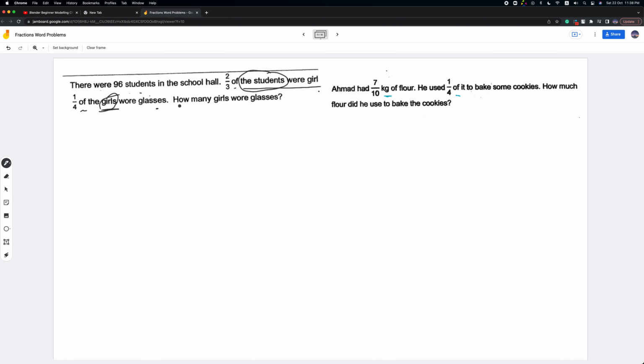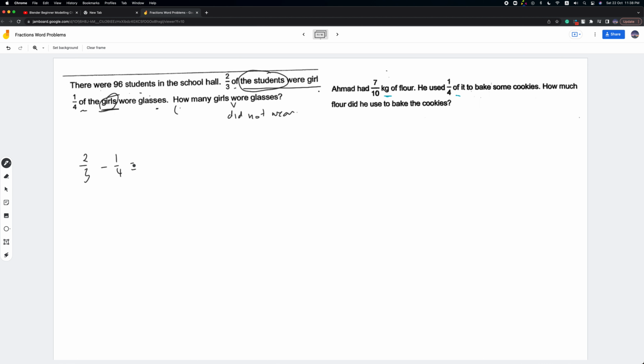They did not ask how many girls did not wear glasses. So for example, if the question asks how many girls did not wear glasses, a lot of students will straight away do, oh, very simple, 2/3 are girls, 1/4 wear glasses, so 2/3 minus 1/4.